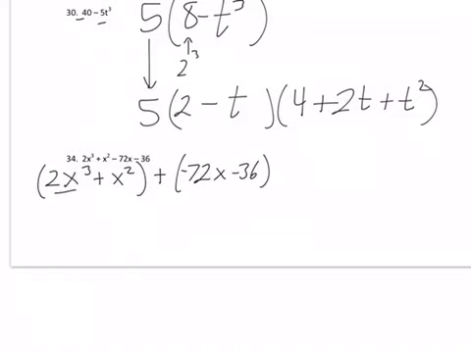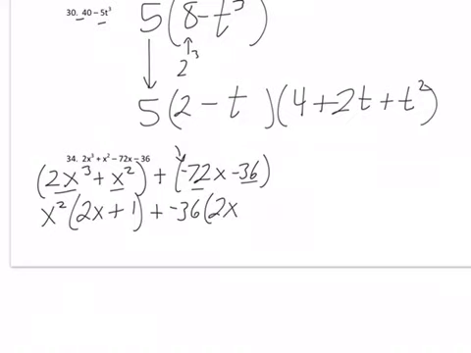This first term, the GCF between those things is x squared, so we have 2x plus 1 left behind. In this second, the GCF is 36, but since the first term is negative, take out a negative 36. And that would leave us behind with 2x plus 1.